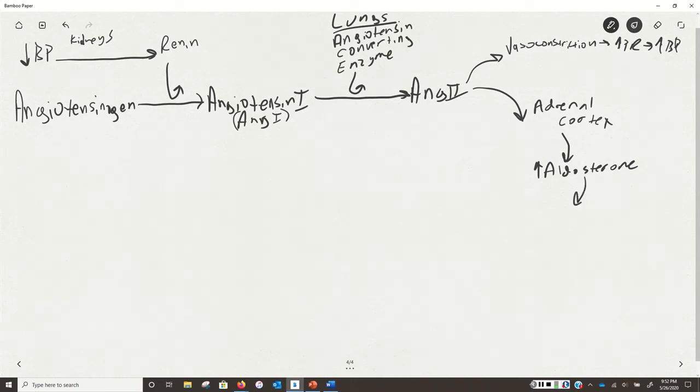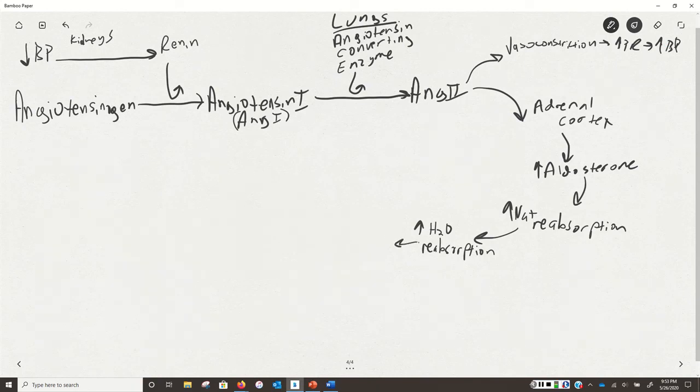Aldosterone tells your kidneys to increase sodium reabsorption. And if we increase sodium reabsorption, remember that caused increased water reabsorption, because wherever sodium went, water followed it, because sodium's a solute and solutes suck.